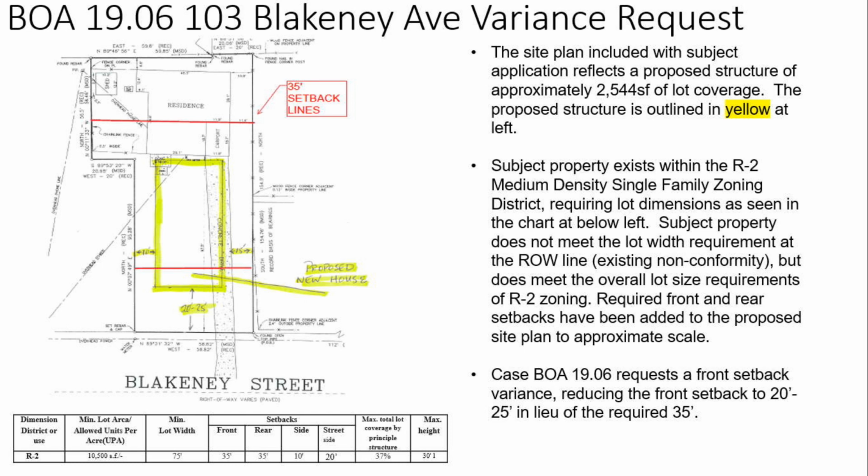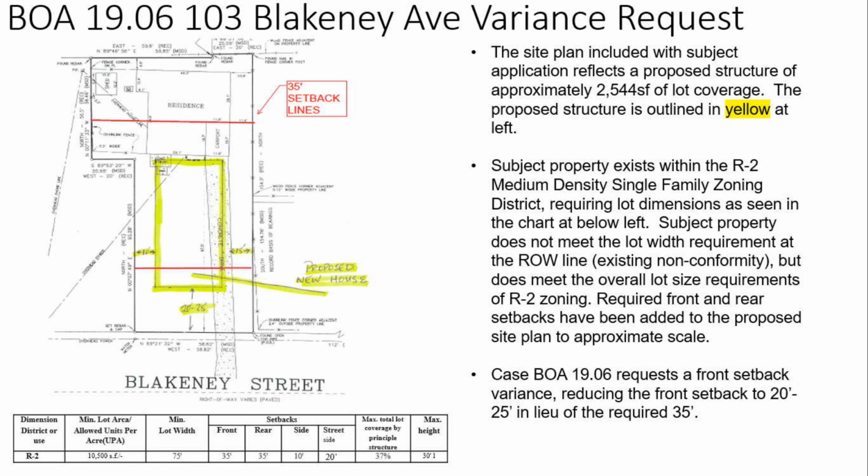I've drawn in the 35-foot front and rear setback lines, and board members, that is drawn to a relatively correct scale. I was able to scale this drawing as best as possible, and I believe it is an accurate representation. You'll also notice an excerpt of the zoning chart at the bottom.